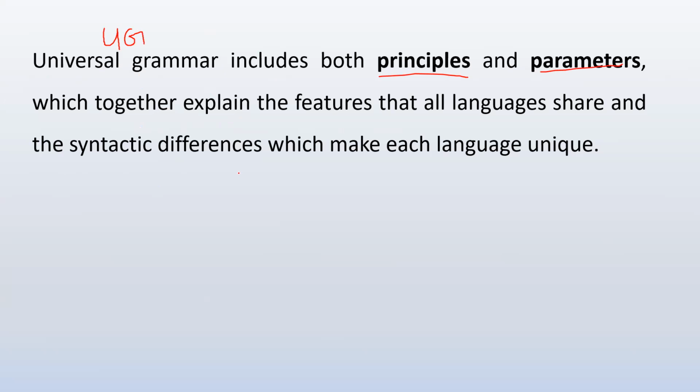So when we talk in UG about the principles, we talk about the common features shared by all languages. At the same time, we pay attention to the parameters. Parameters are the syntactic or grammatical differences which make each language different from one another, or unique.